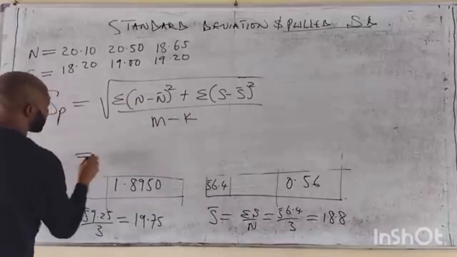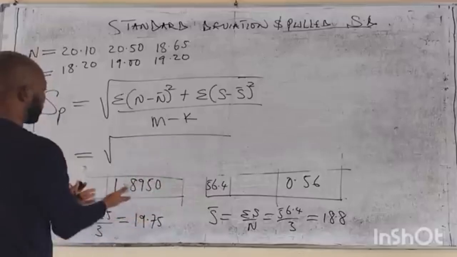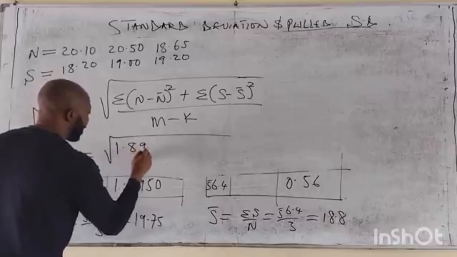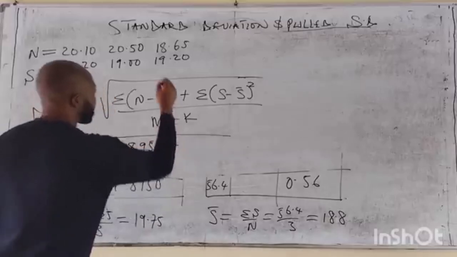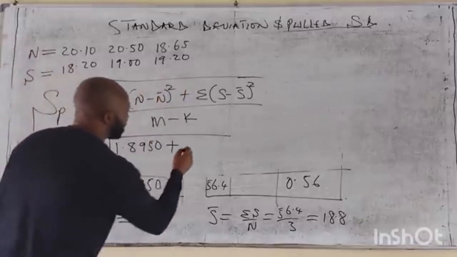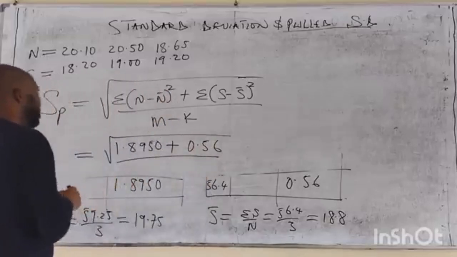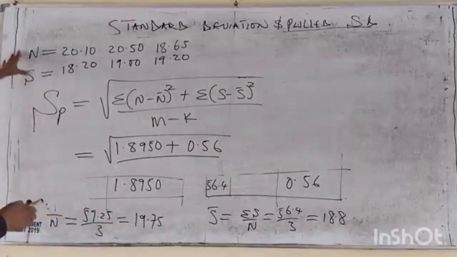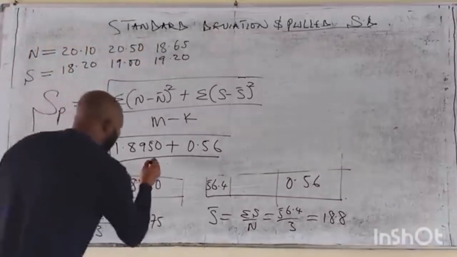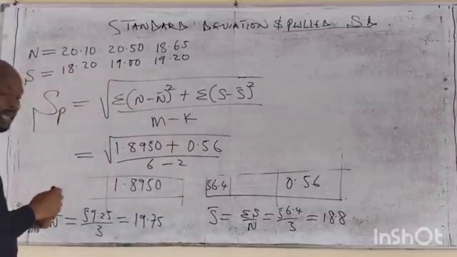This is equal to the summation for the new method, which is 1.8950, plus that of the standard method, 0.56, all over n minus k. We have two sets of data with 6 variables in all, so n is 6 minus the 2 sets of data for n minus k.